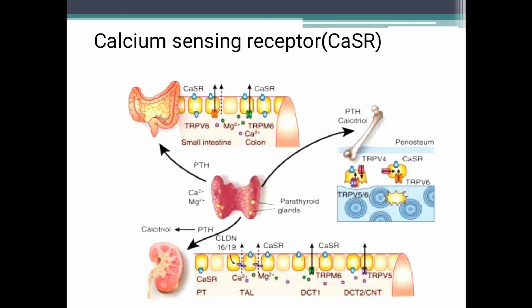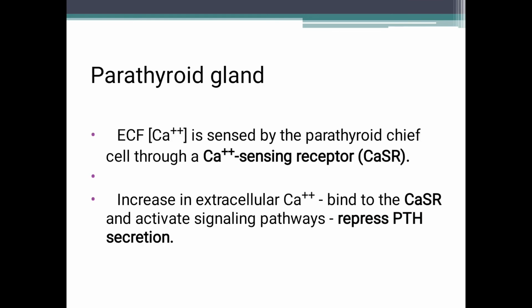Coming to calcium sensing receptors. What are the calcium sensing receptors? Recently the receptor for sensing calcium has been identified, called the calcium sensing receptor, CaSR. In the parathyroid gland, the extracellular fluid calcium concentration is sensed by the parathyroid chief cells through these calcium sensing receptors.